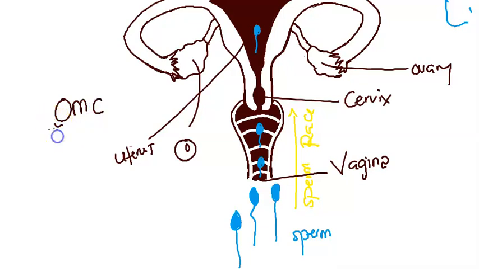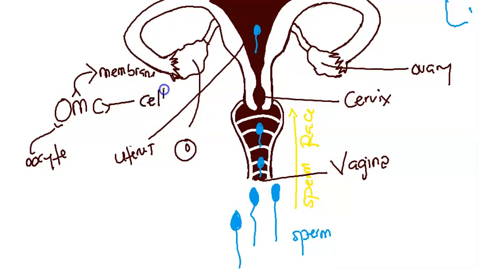Notice that this is the name of the egg, which is the oocyte. And here we said it's protected by a thick membrane. And here we have our membrane. Outside of the membrane, we have cells, and these are the cells. So another important thing which you need to put at the back of your mind is this. The oocyte, notice that the oocyte is the egg.